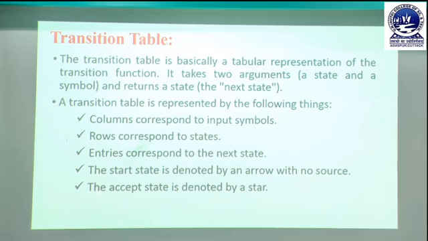Last but not least, the accept state is denoted by a star. That means if a state is accepted, which we can also call a final state, it is denoted by a star in our transition table. Whenever the user puts a star on a specific state, that state is known as a final state.